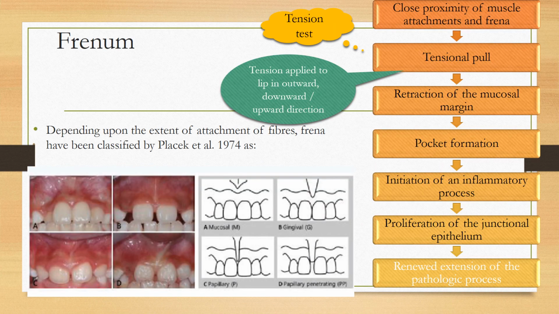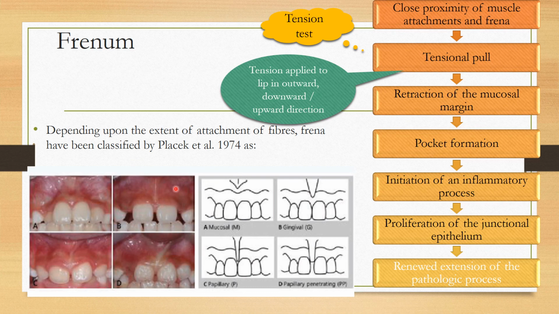Coming to the frenal attachment, it should be noted because it is important in periodontics, as it might lead to gingival recession and also improper oral hygiene maintenance. Depending on the attachment of fibers, it has been classified into classes until 1974. There is the mucosal type, attached to the mucosa, so it doesn't have much effect on the periodontium.